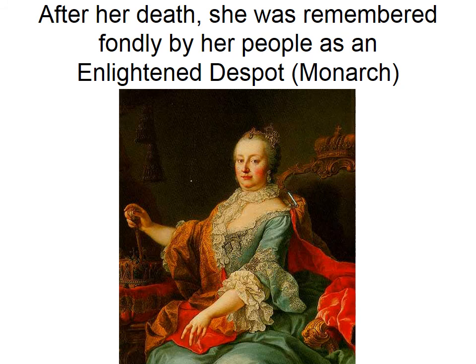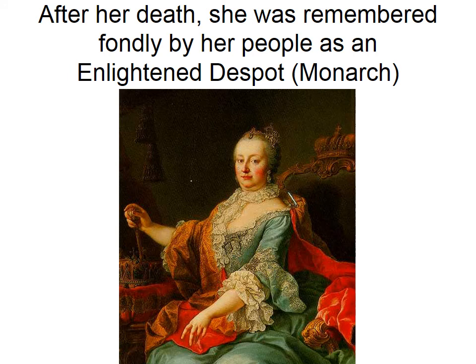However, when she did die, she was remembered fondly by her people with the title Enlightened Monarch or Enlightened Despot. And we're going to talk about several other monarchs who had this title. This is a whole other chapter. But basically what that means is they were educated by means of the Enlightenment.